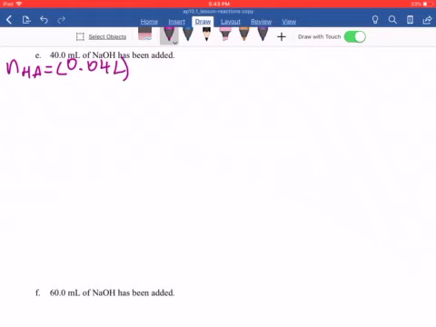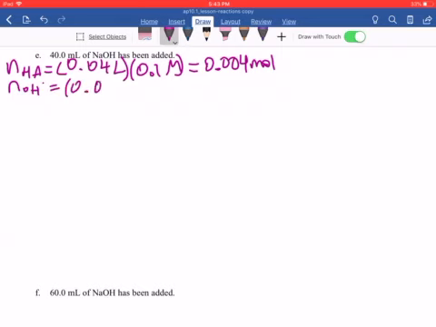So 40 milliliters converted to liters, times 0.1 molarity, ends up with 0.004 moles. Our moles of hydroxide is going to be very similar because we have the same volume, 40 milliliters, and our concentration is also 0.1, so we have 0.004 moles.